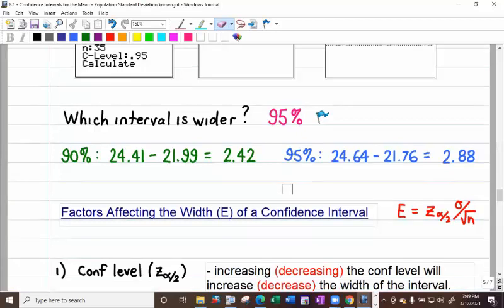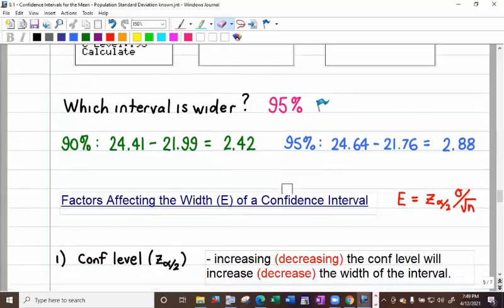Yeah, so like I said, you can always make any confidence interval 100%, but your answer would be kind of useless. You're trying to get the highest percentage you can get and still present the information as relevant as possible.